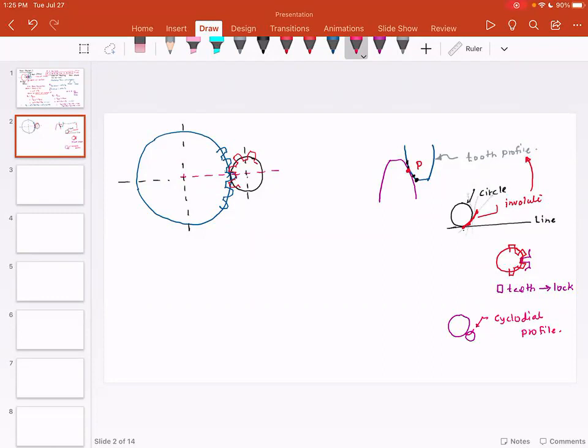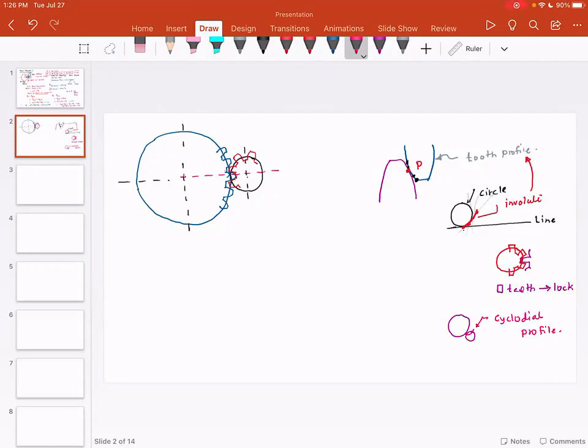In the case of involute gear, since we are cutting the gear with an assumption that you have a circle and a line, it's not 100% interference free. Because if you think about it, we have two circles that are rolling on each other.